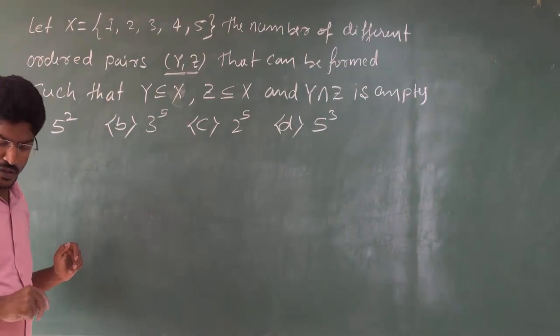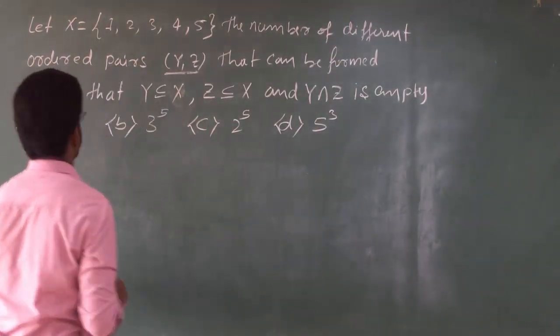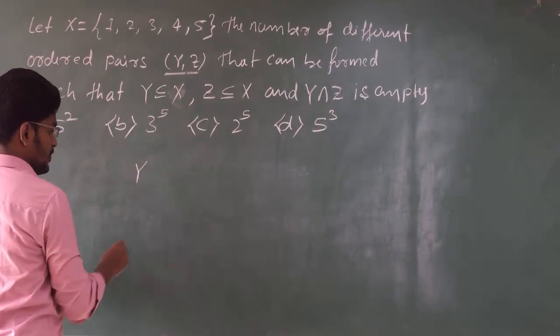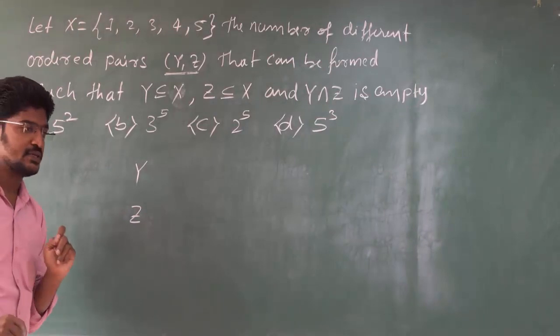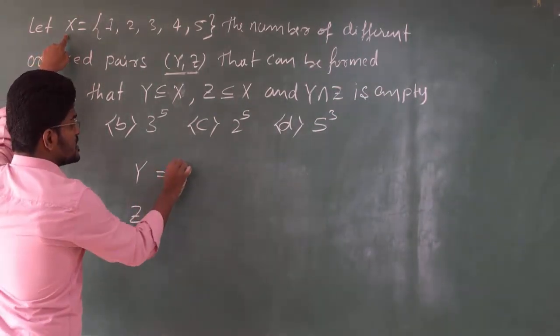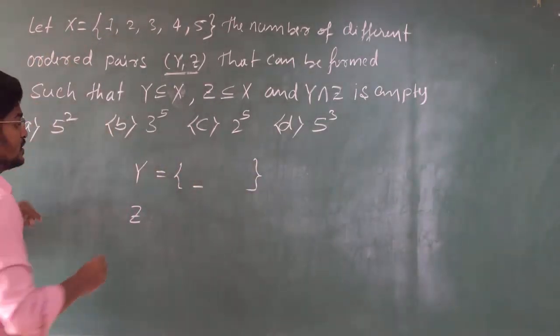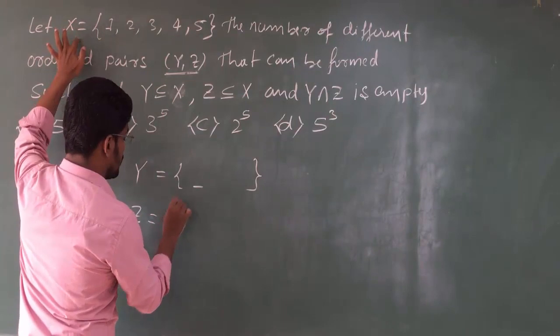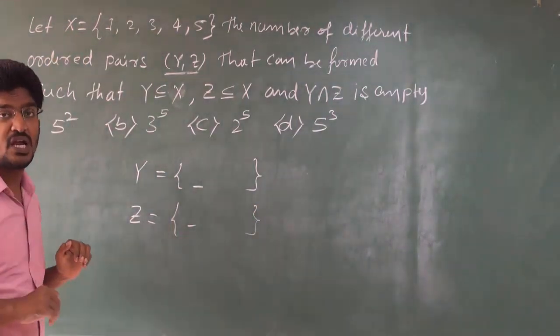Okay. So from this you can understand one thing, that Y and Z are two subsets of X. So the element from X can be in Y, the element from X can be in Z. Are you getting my point?